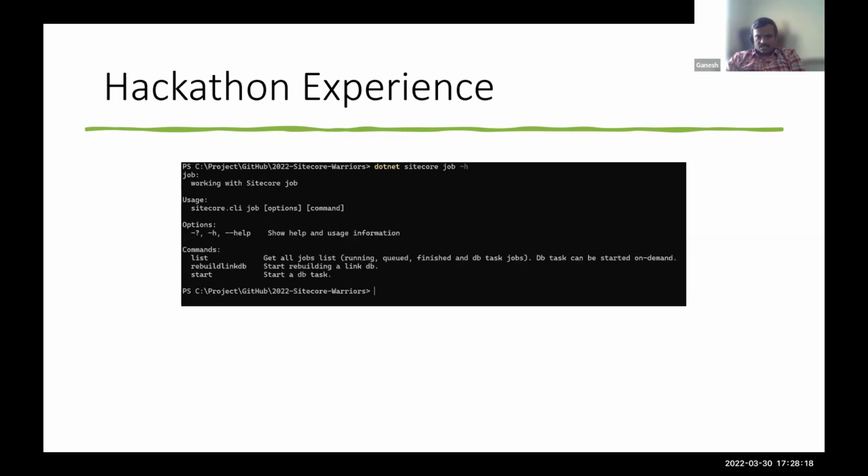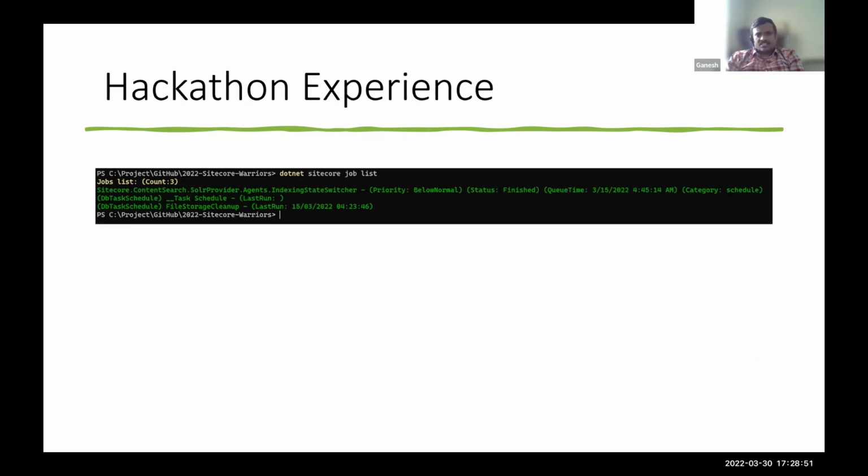Then if you use the dotnet sitecore job help command, you will find the list of commands available as part of our plugin. Also make sure that while developing a plugin, you add help commands so that this option is available, and developers will be able to know all the commands available as part of your plugin.